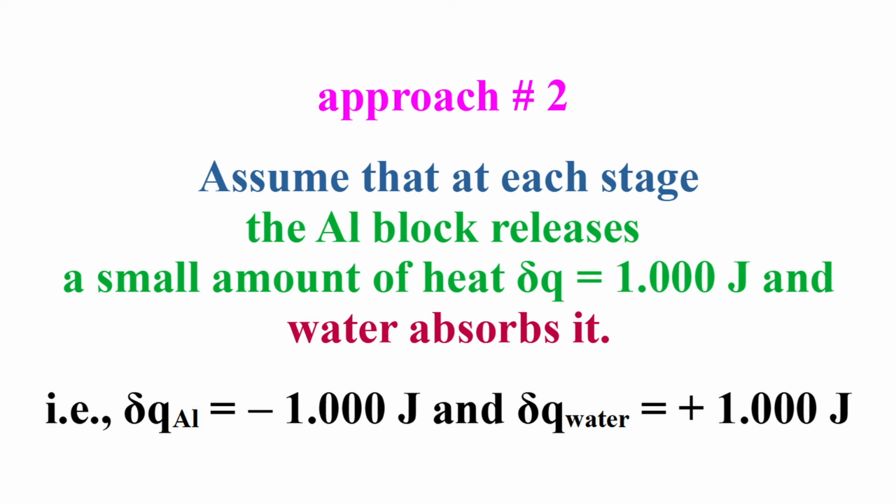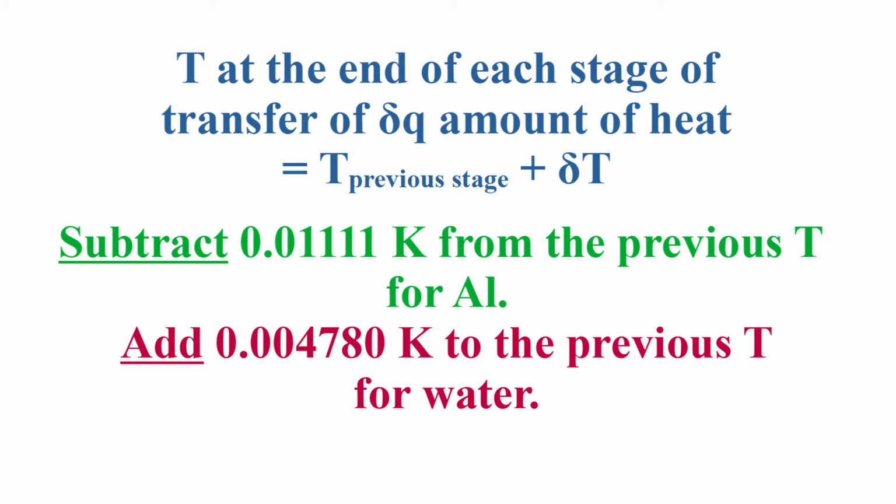We imagine that the aluminum block releases to water a small amount of heat, delta Q equal to 1.000 joule. Thus, delta Q aluminum is negative 1.000 joule and delta Q water is positive 1.000 joule. Since delta Q equals ms delta T, we can calculate the value of delta T for both aluminum and water.